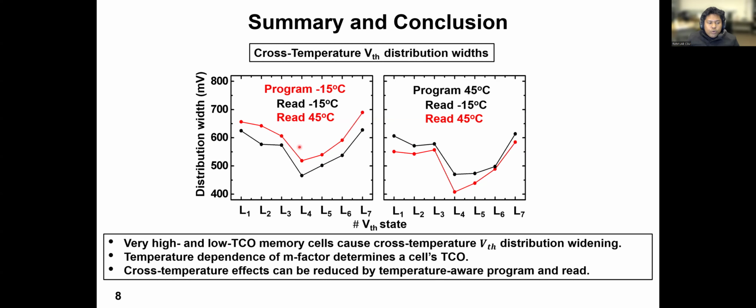Now, according to our hypothesis, very high and very low temperature coefficient memory cells cause this cross temperature distribution widening, and this characteristic of high and low temperature coefficient memory cells comes from their subthreshold swing factor, which is the M factor. And according to our countermeasure techniques, cross temperature effects can be reduced by temperature dependent program and sense.